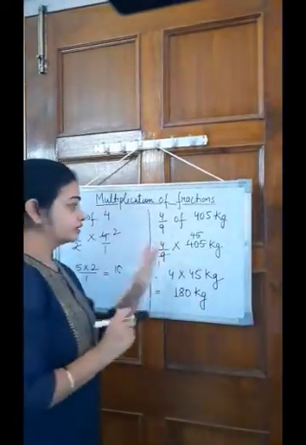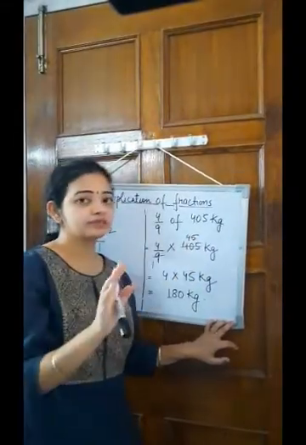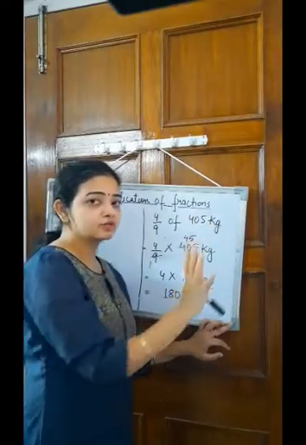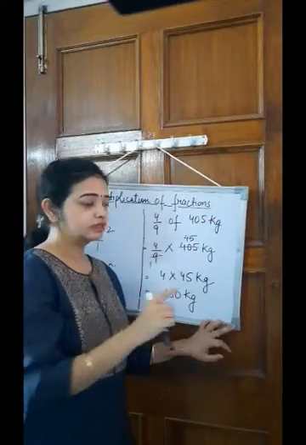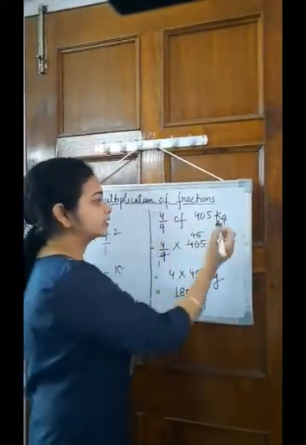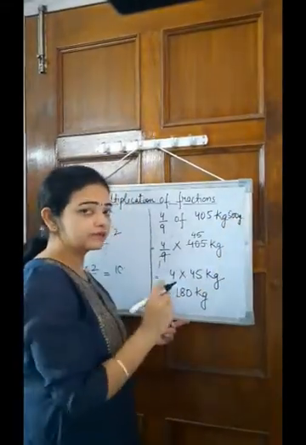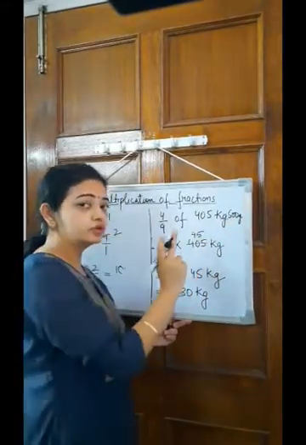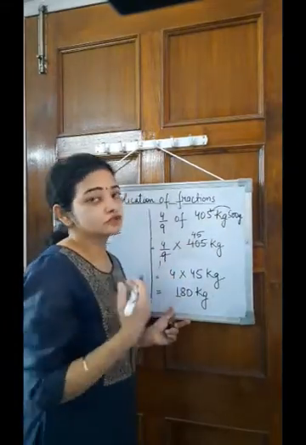Now what is important when you solve these types of questions is that the unit should be the same. Suppose in this question we have kg and grams as well. So what we do is first convert everything into one unit. Suppose I write this number plus 500 grams. Then we first convert this to kg and then solve it.